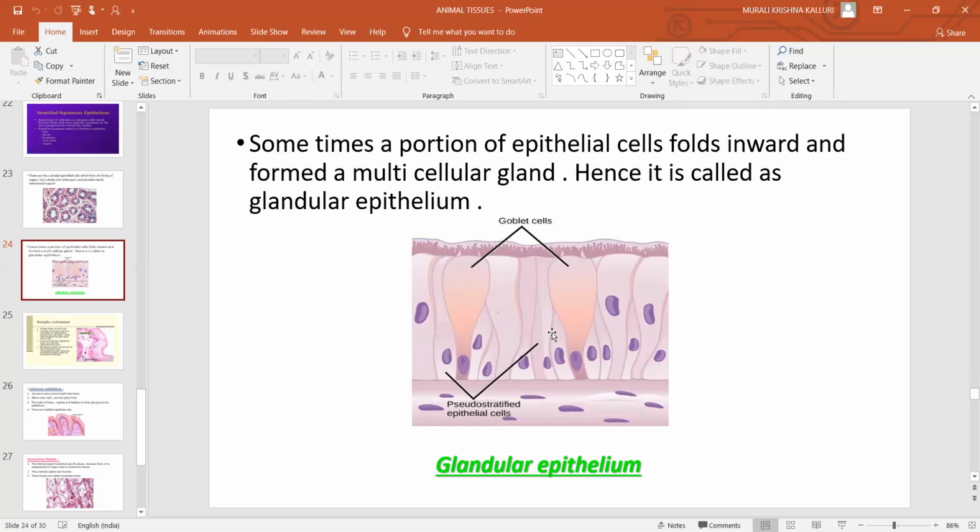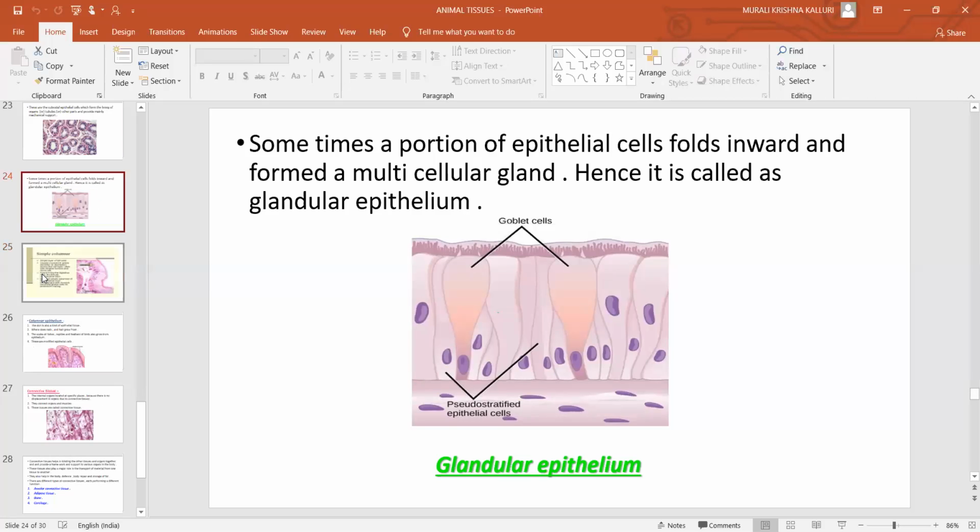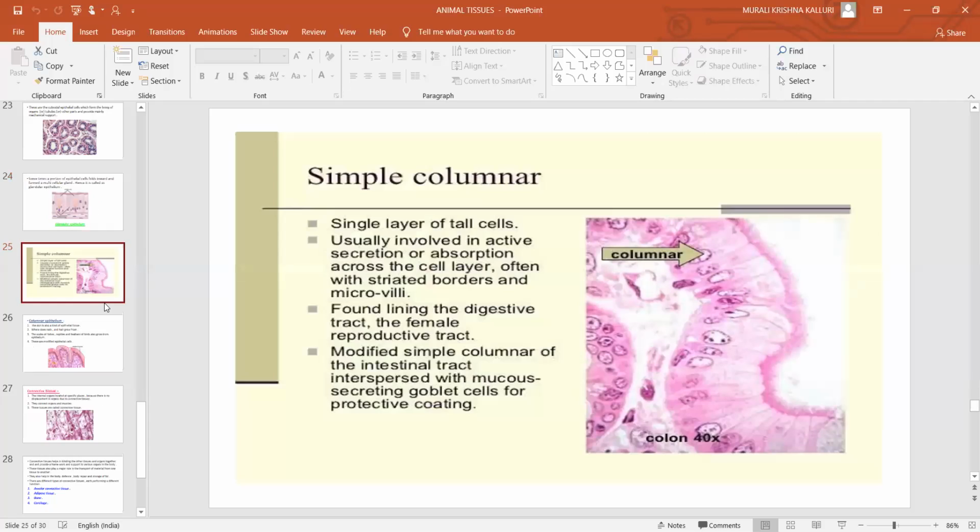That is why it is called glandular epithelium. And next one is the columnar epithelium.